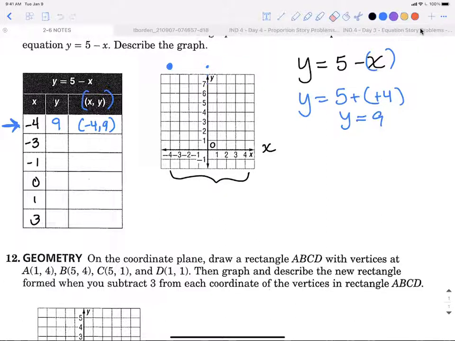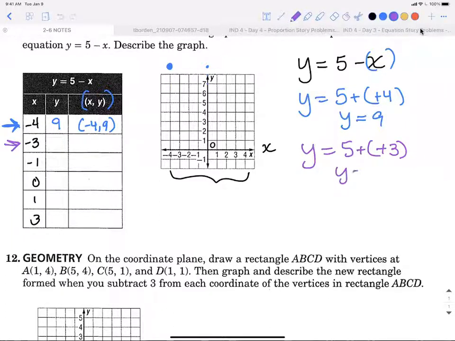All right, the next thing I'm going to do is move on to -3, and I'm going to do the same thing. y equals 5 minus, and I'm going to put parentheses. And now inside those parentheses for the x, this time I'm going to plug in a -3. Okay, a minus and a minus is going to go plus.